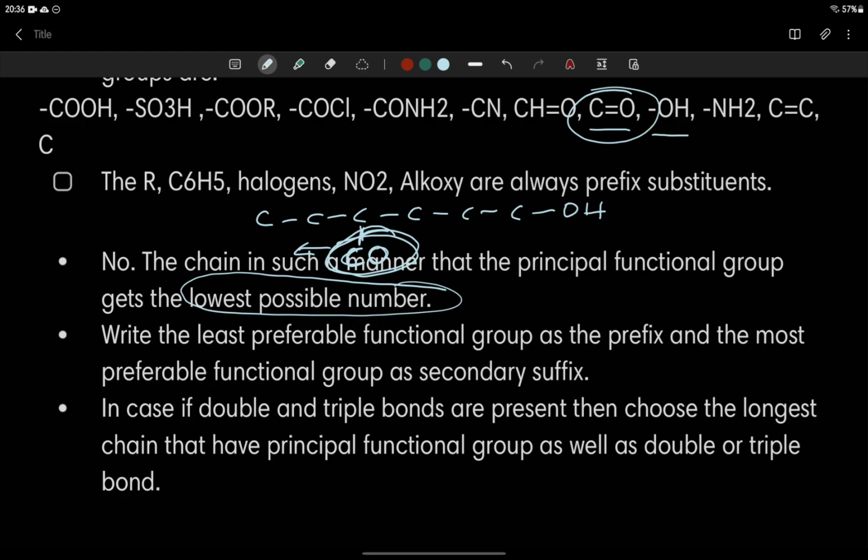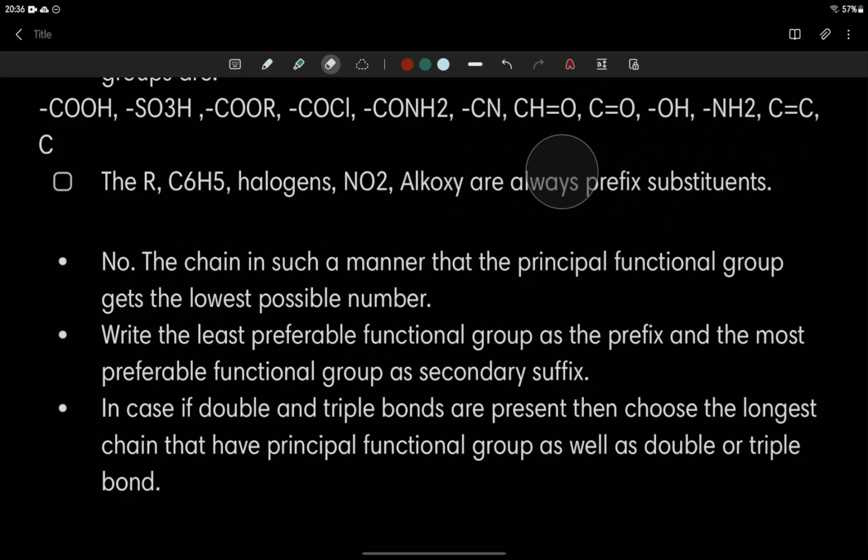After that you write the least preferable functional group as the prefix and the most preferable functional group as the secondary suffix, which I have already explained.